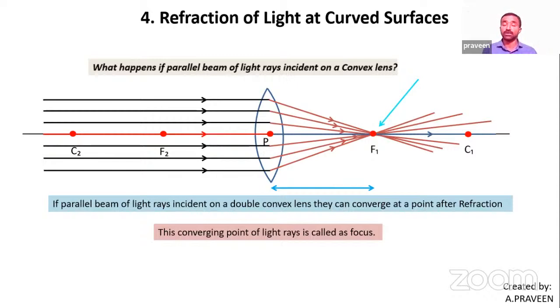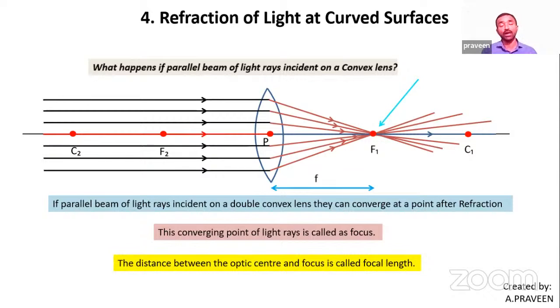So the length is called as focal length, denoted by small f. So what is focal length here? Simply the distance between optic center to the focus. So the distance between optic center and focus is called as focal length.